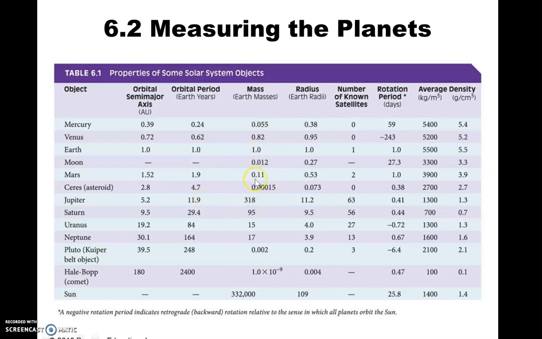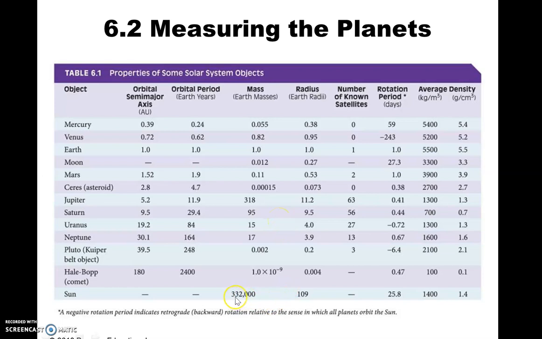Same thing with the masses, right? So we're comparing the mass, this is 1 Earth mass. Mars is a little more than 1/10 the mass of the Earth. Notice Jupiter is 318 times the mass of the Earth. And of course, all the Jovian planets are much more massive.